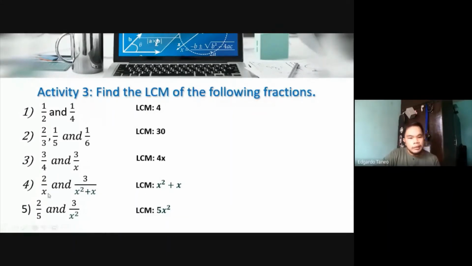Since dito, sa number 4, x and x squared plus x, merong common sa kanila, which is x, because when you multiply x by x plus 1, it will result to x squared plus x. Okay?